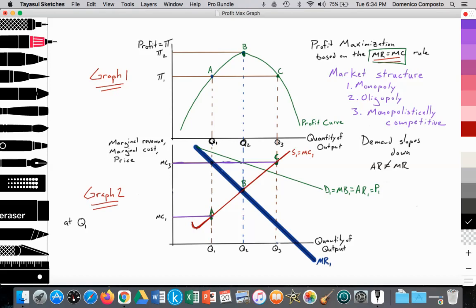I'm touching this blue line, which is my marginal revenue. Thus, that signals that the firm can afford to produce more output. Since at Q1, the marginal revenue, the additional revenue gained from producing an additional unit of output, is greater than the additional cost of producing that additional unit of output.